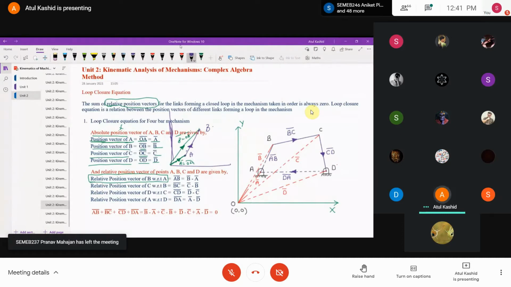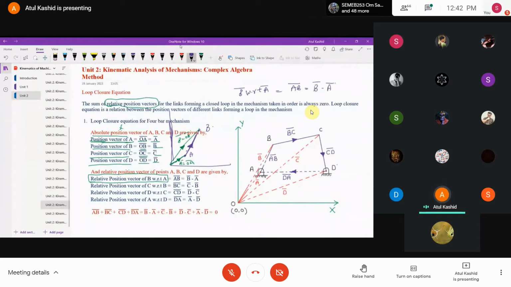So I want the relative position vector AB bar. Here the relative position of vector B with respect to A is given by AB bar, and it is equal to B bar minus A bar.